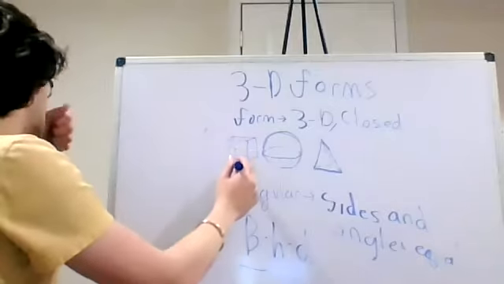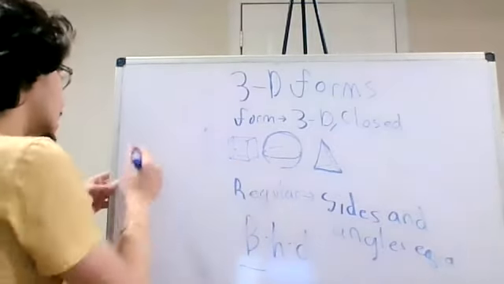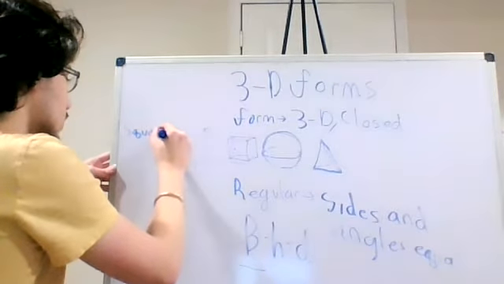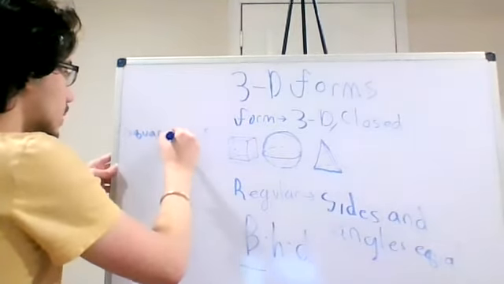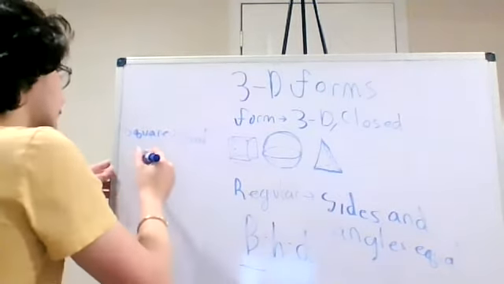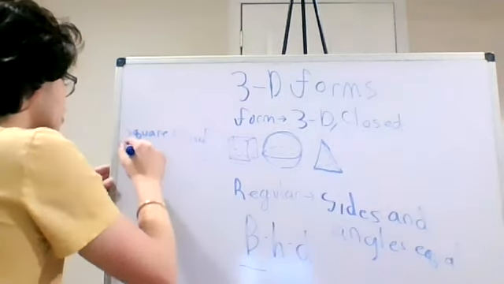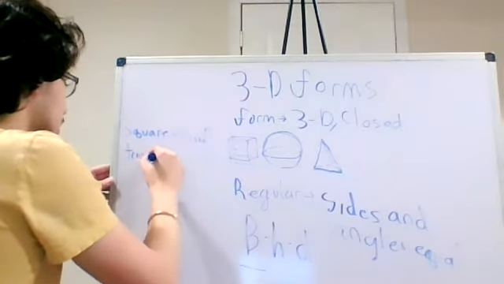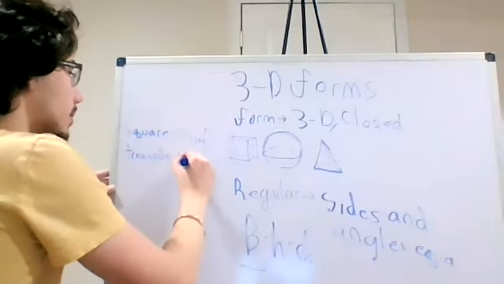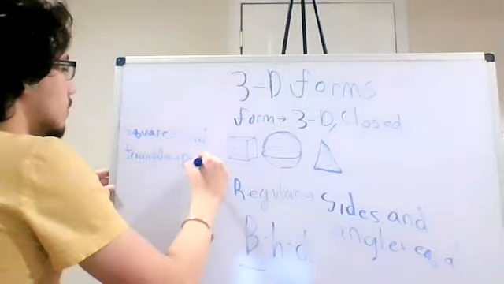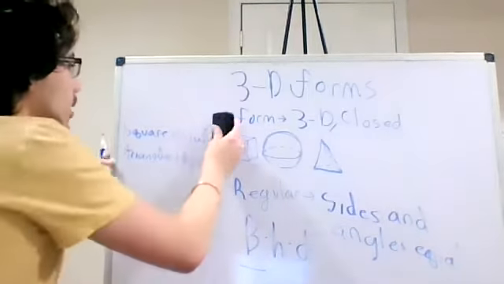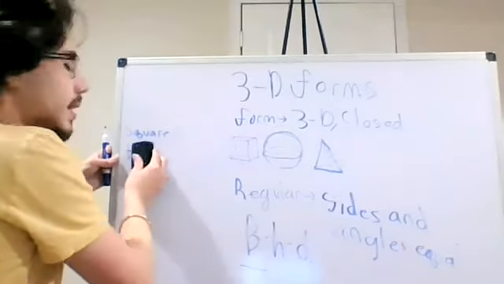For rectangular forms, such as the square, we use prism. And for triangular forms, we use pyramid. I'll rewrite it just in case it's difficult to read.